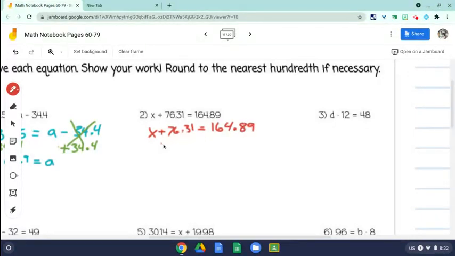If I subtract 76 and 31/100 from both sides, I can do that because I'm doing it to both sides of the equation. And by doing so, I eliminate 76 and 31/100 on this side, and I'm left with x all by itself equals 164 and 89/100 minus 76 and 31/100.